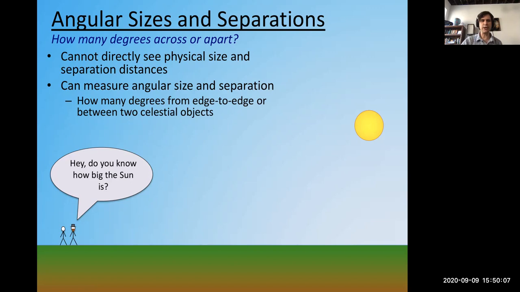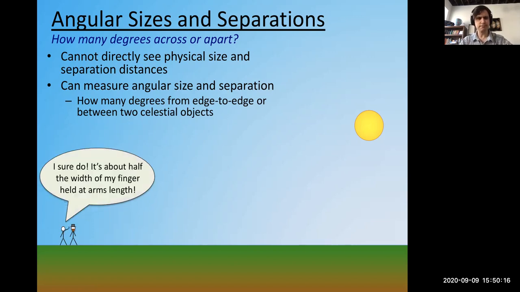I want to actually help you understand these. So right here, Galileo and his friend are having a conversation, and he says, hey, do you know how big the sun is? She replies, I sure do. It's about half the width of my finger held at arm's length. So what she's doing here is making an angular measurement. How much of the sky does the sun cover up?